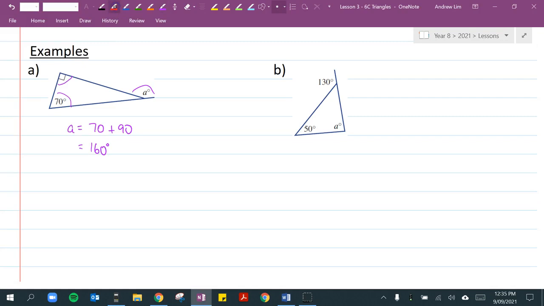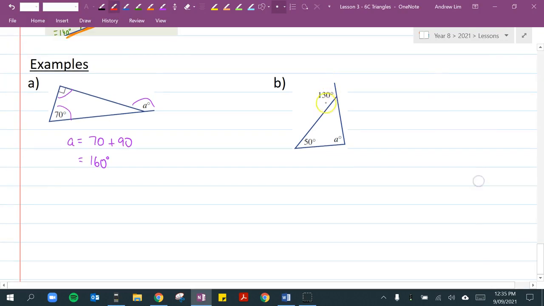For question B, same thing, we can use the exterior angle theorem. We know that the outside one is going to equal the sum of the two opposite interior angles, A and 50. So if we want to work out what A is equal to, I'm just going to minus 50 from both sides, just simple algebra. 130 minus 50 gives us 80 degrees.